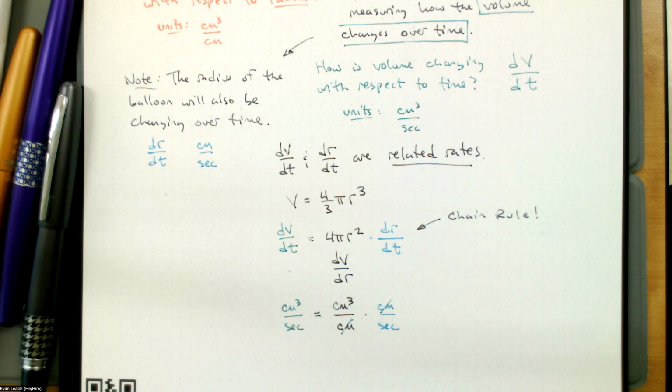So the chain rule says multiply by the derivative of r with respect to time. Then we can make sure everything works out by doing a unit analysis like we always do. Any questions? Comments?